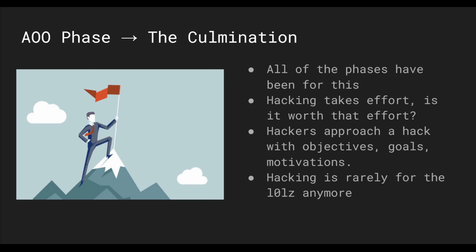It's usually around 6 months long, where 5 months of that was recon, and then that last month is exploiting and performing actions on objectives within the system. So, the hacker has to ask himself, is it worth all that time and effort? Well, that all boils down to the hacker's objectives, their goals, their motivations, really. Why are they doing it? What are they getting out of it, right?